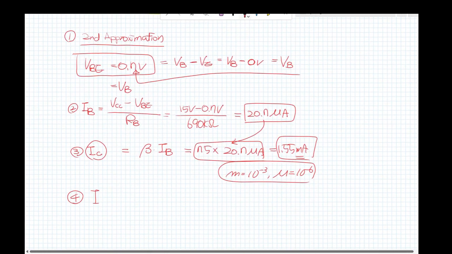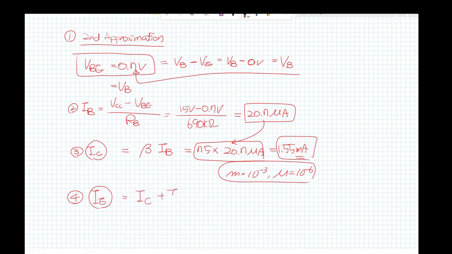Very easy, because we learned before the emitter current is I sub C plus I sub B, and that is 1.57 milliamp. I'm going to skip the calculations on the calculator because I already have the printout of the solution as well.